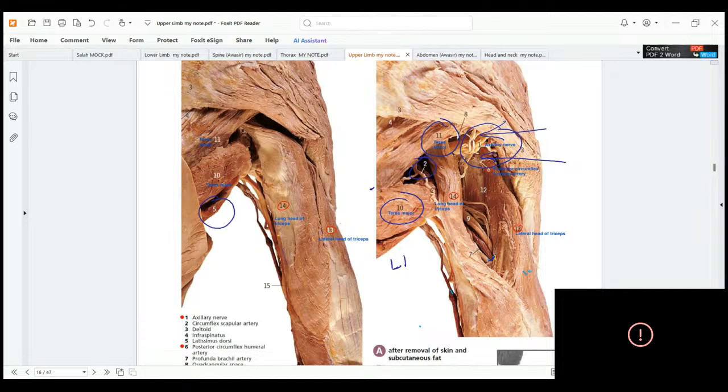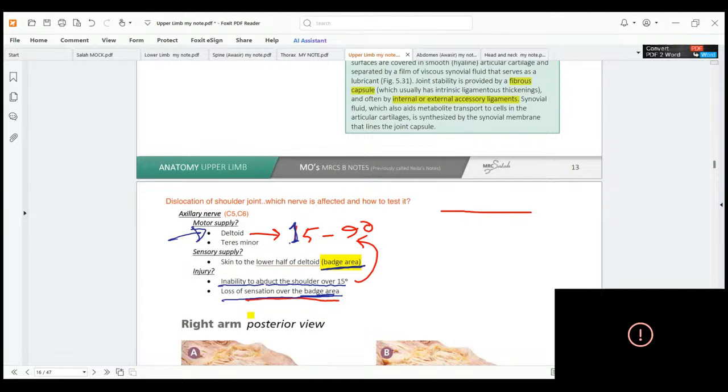This is the triangular space, and this will be the quadrangular space here. In quadrangular space, we have the axillary nerve and posterior circumflex humeral artery, and in triangular space, we have the circumflex scapular artery. And in the lower part, called the triangular interval, we will have the radial nerve and profunda brachii.